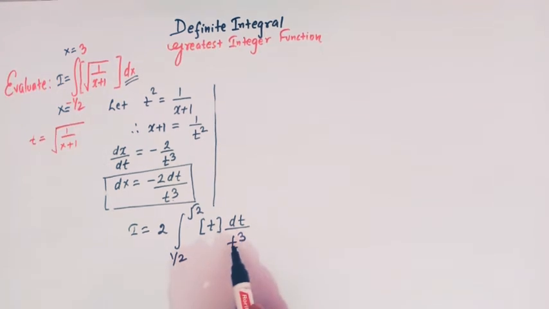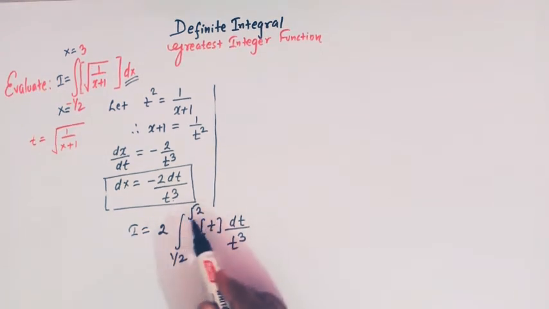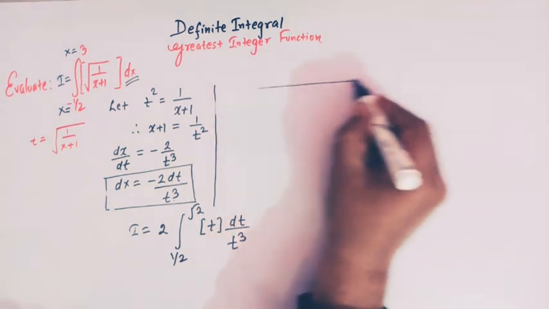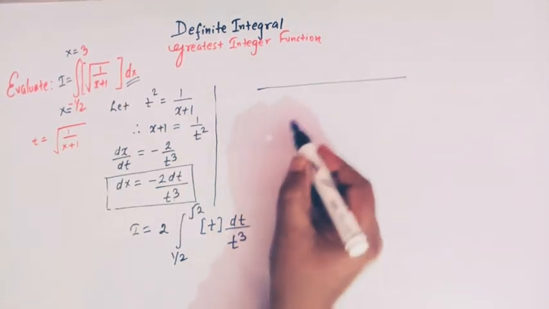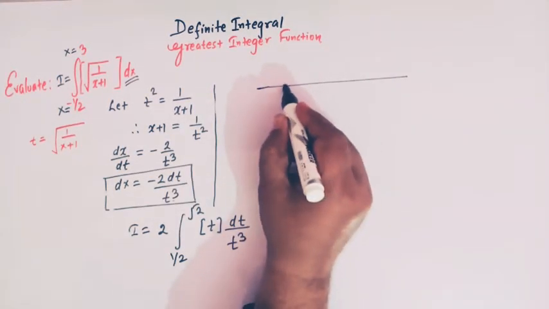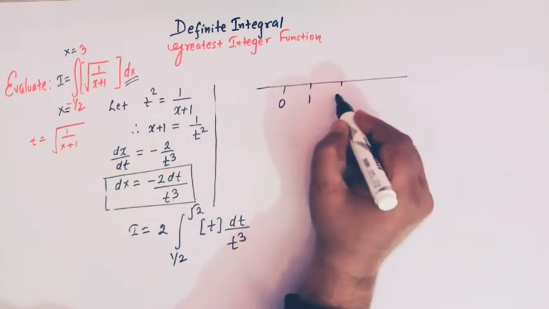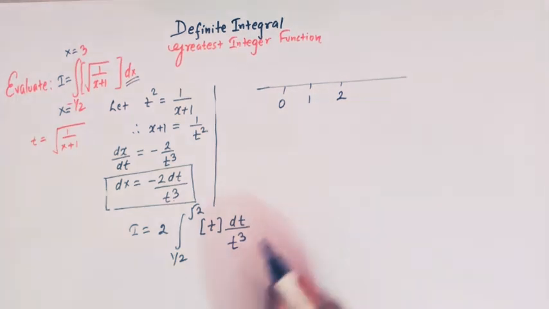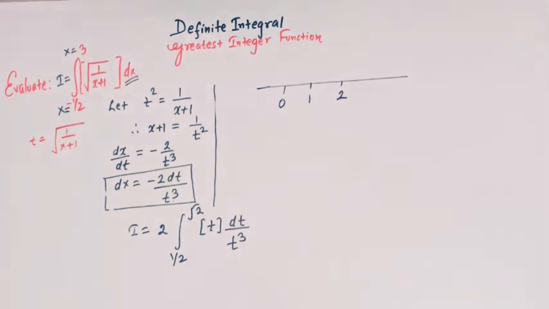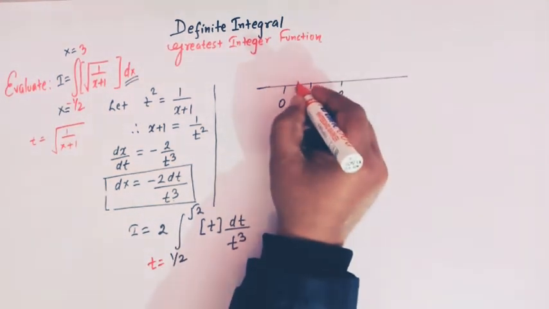Now viewers, let us concentrate on these limits. Here we have the real number line, and we can take 0, then 1, and then 2. We see that t is equal to half lies somewhere here.